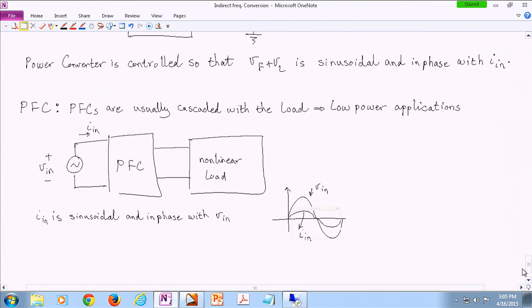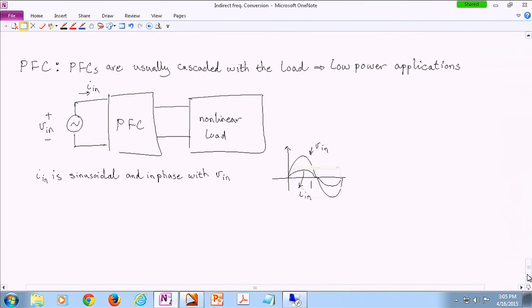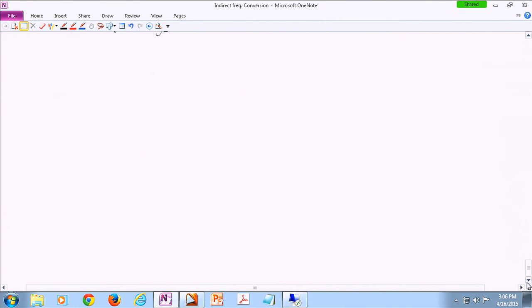So when it comes to nonlinear loads, the first one would be bridge rectifiers, or rectifiers in general. Okay. So what is that all about? Let's take a look at it.